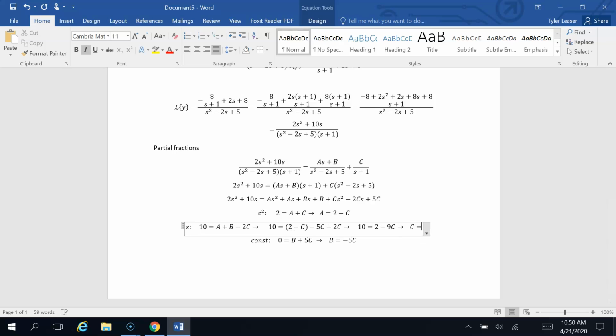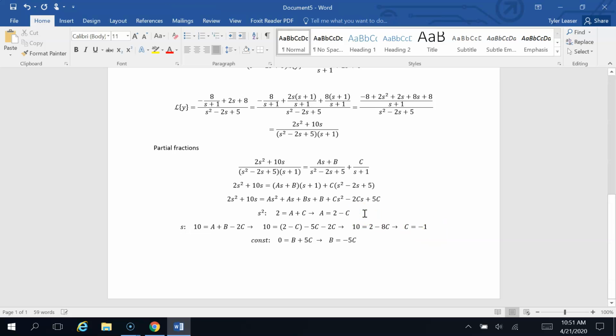Looks like my c is going to be something. Did I mess up here? I'm not getting the same thing I was getting in my notes. Nope, because I can't add, right? That should be a negative 8c there, sorry. Negative c minus 5c minus 2c is just negative 8c instead. Alright, so subtract the 2 over, divide by negative 8, we're going to get c is negative 1.